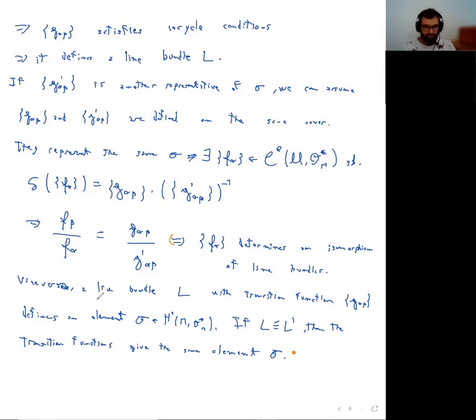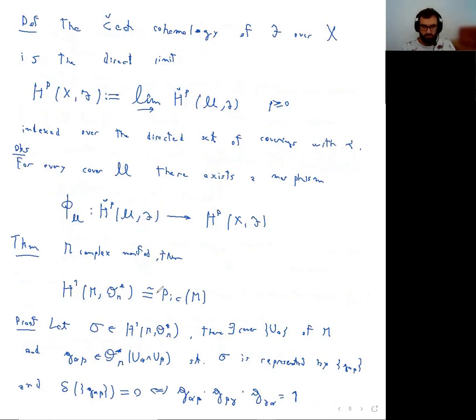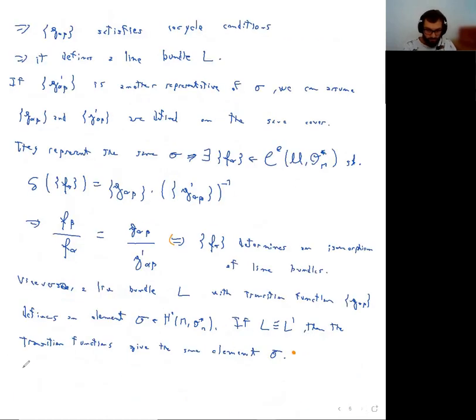Okay, the only thing we're left, so we have this map, which is well defined. It has an inverse, so we have a bijection. The only thing we have to check still is that this is a morphism, because I'm not just saying that this is, you know, a bijection. I'm really saying that this is an isomorphism of abelian groups. So what are the transition functions?